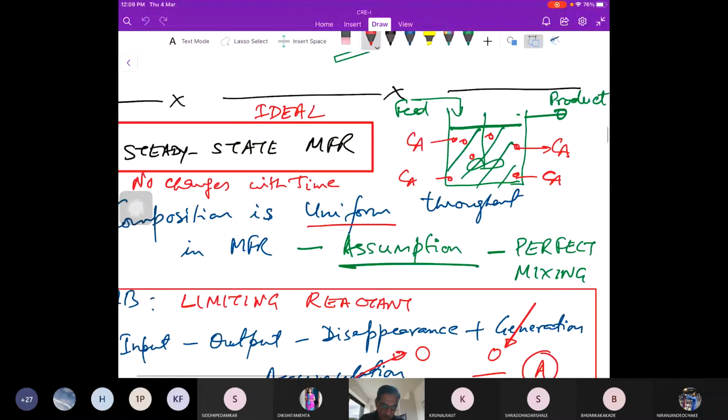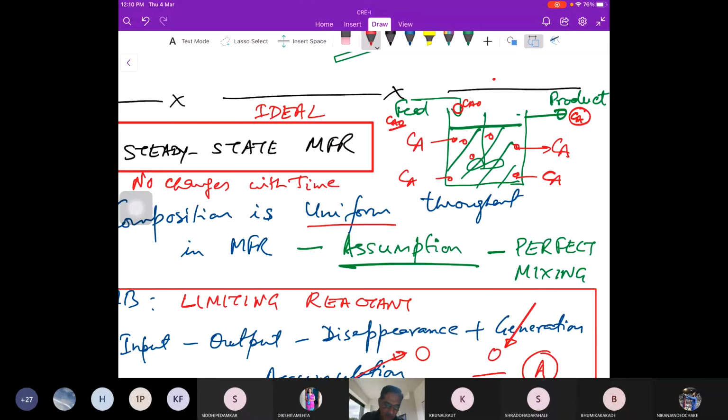So in that case, if the feed concentration is say Ca naught, right? Here it is Ca naught, and the moment it hits the reactor or reaction volume, it becomes Ca, which is the product concentration.